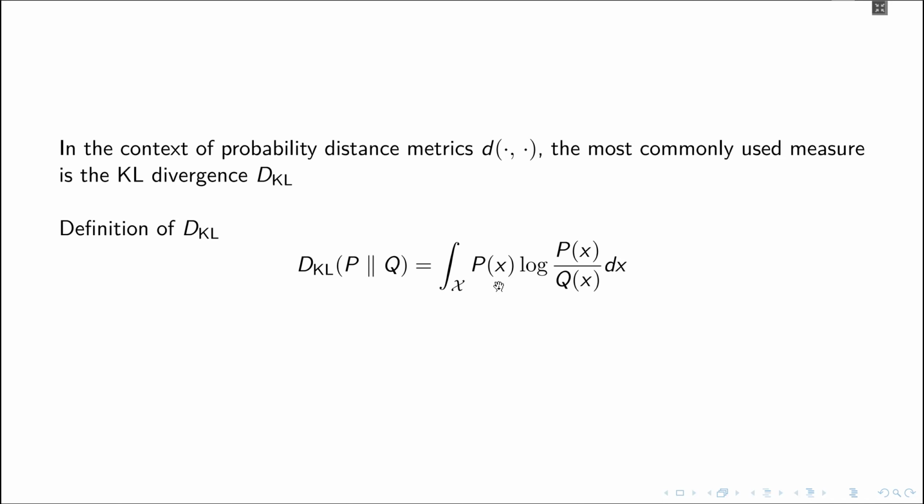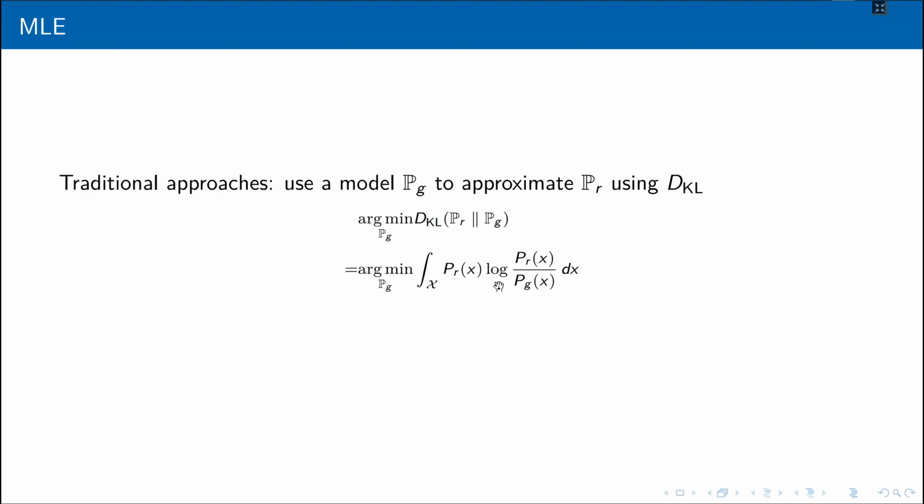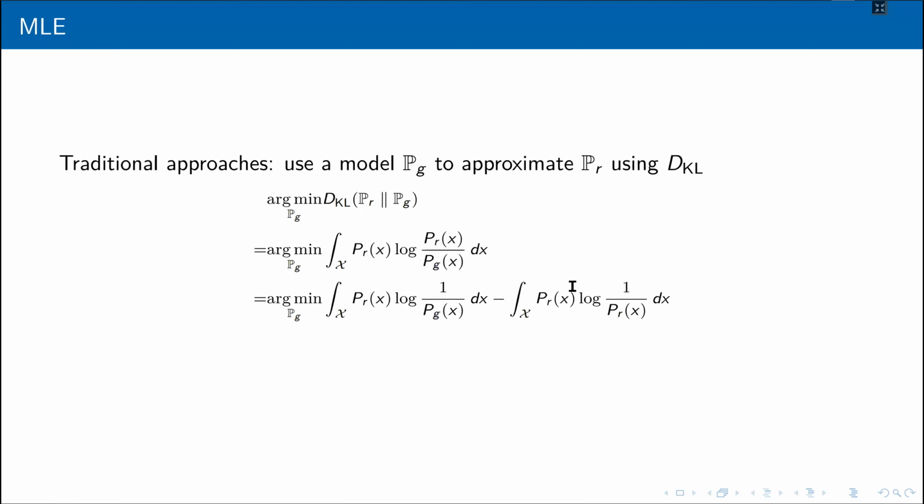It is defined like that. And our traditional approach is using PG to approximate PR, with KL divergence. And this is the definition. We can split this term into two terms. And this term has nothing to do with PG.